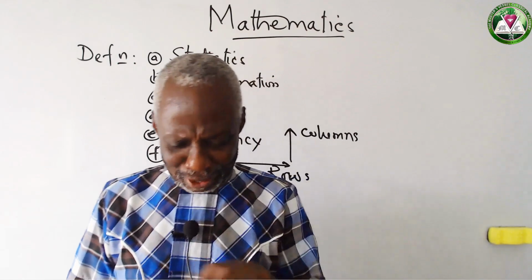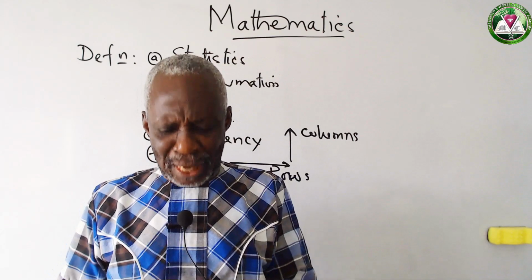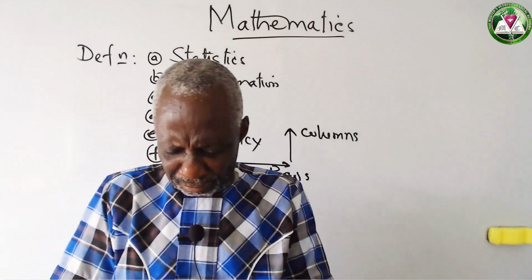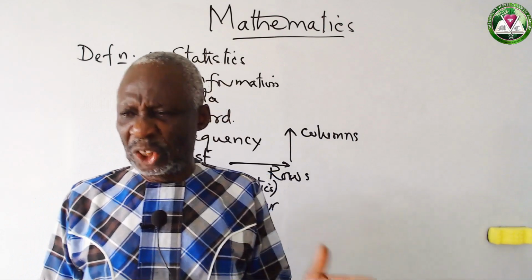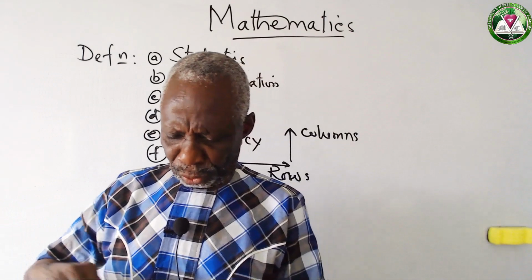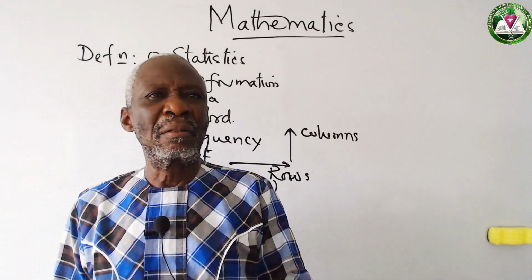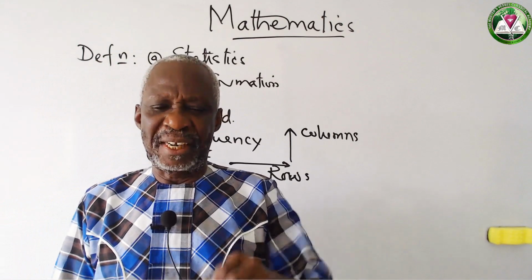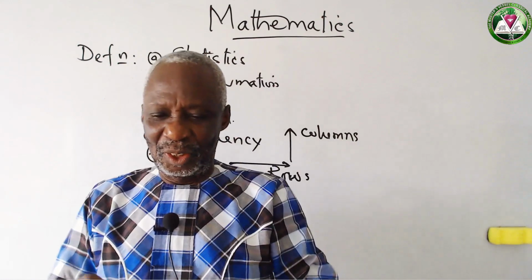So that is what we are going to see in our statistics. Rank order. And it's defined as the order which involves moving from smallest to biggest, ascending order. Moving from biggest to the smallest, descending order.